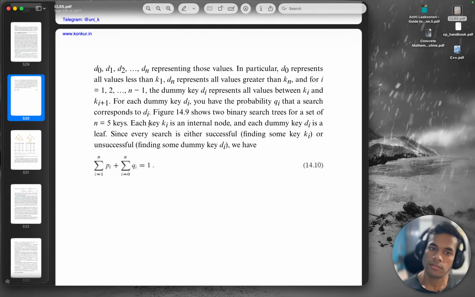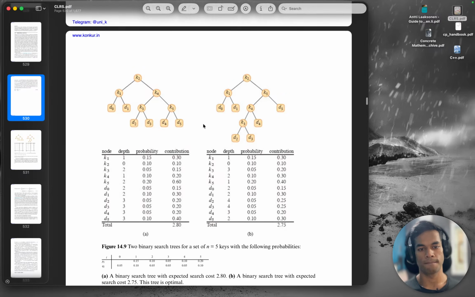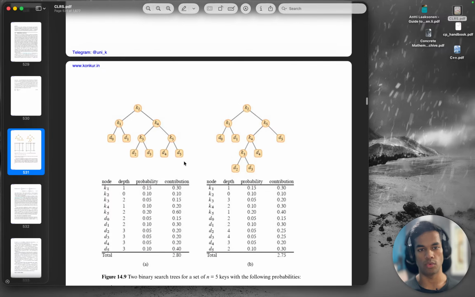Each key ki is an internal node. In this tree, we have two kinds of nodes. One is for the actual values, for the keys which do have actual values.